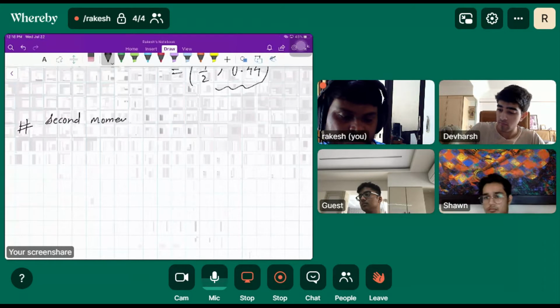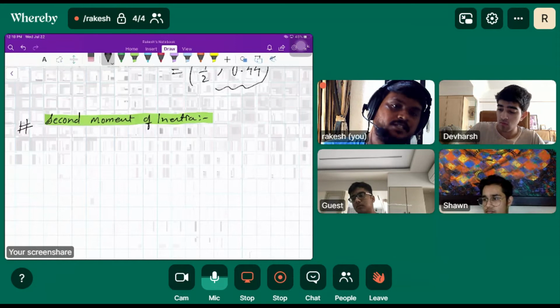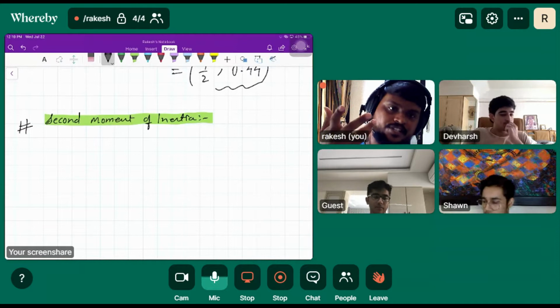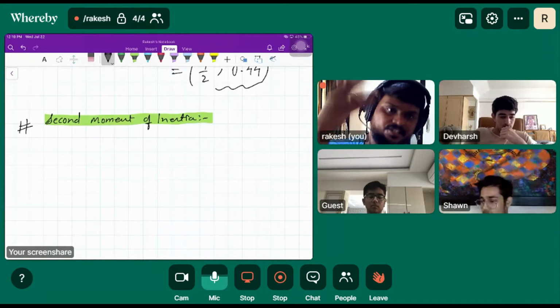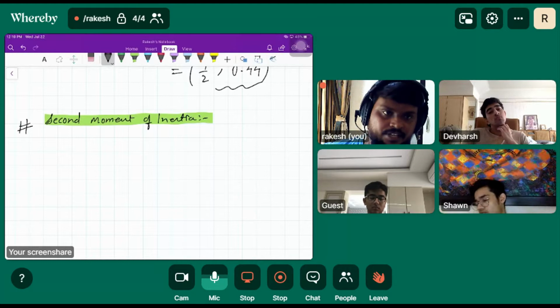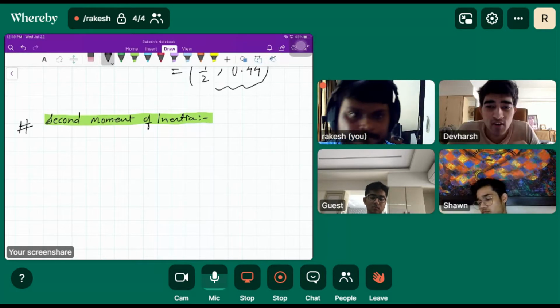That is basically r square into mass, if you can remember, distance square into mass. That is the moment of inertia, isn't it? Distance square into mass, that's the simple formula we used to learn, right?